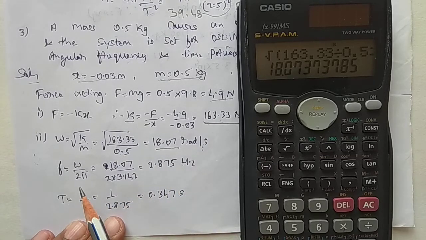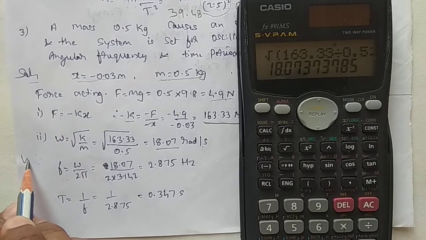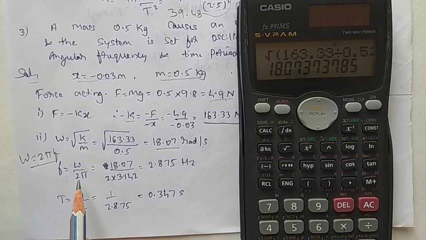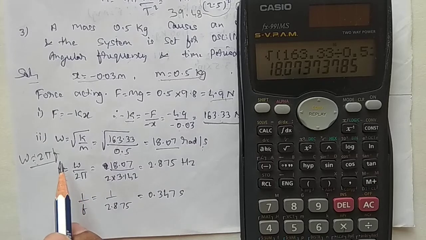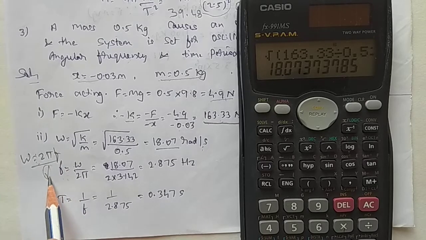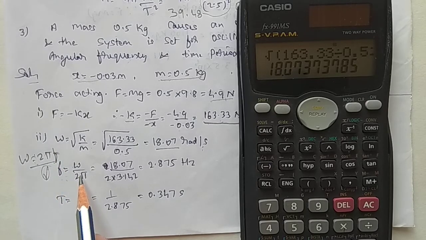Then the frequency. We know that omega is equal to 2 pi f, or f is equal to omega by 2 pi. You can use nu; previously in our equation we have used the word frequency nu, or f, any one you can use. Therefore f is equal to omega by 2 pi. So omega is 18.07 divided by 2 into pi.